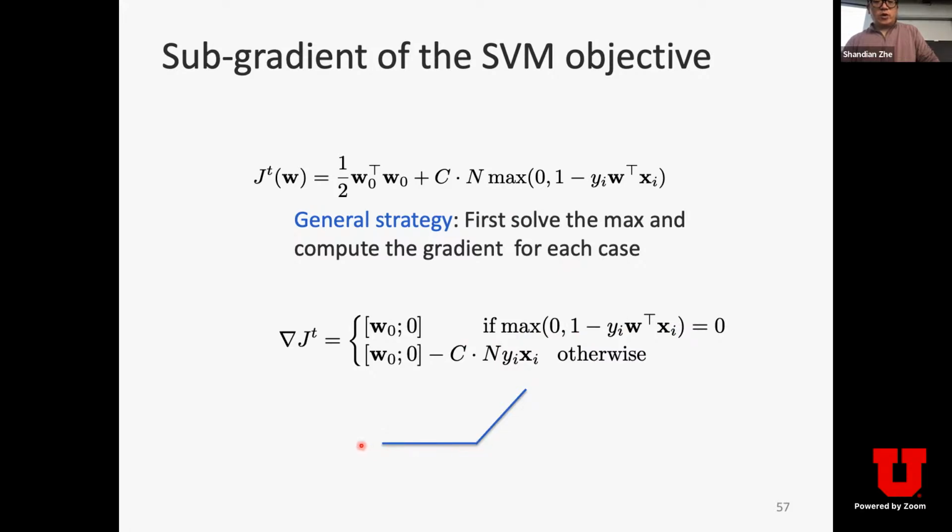I can just draw a line which has 0 gradient, 0 slope, and this line will stay below the entire max function body. So this part will simply be 0. You take the gradient with respect to w, and this part is 0, so you only need to take the gradient with respect to the first term. So it's just w.